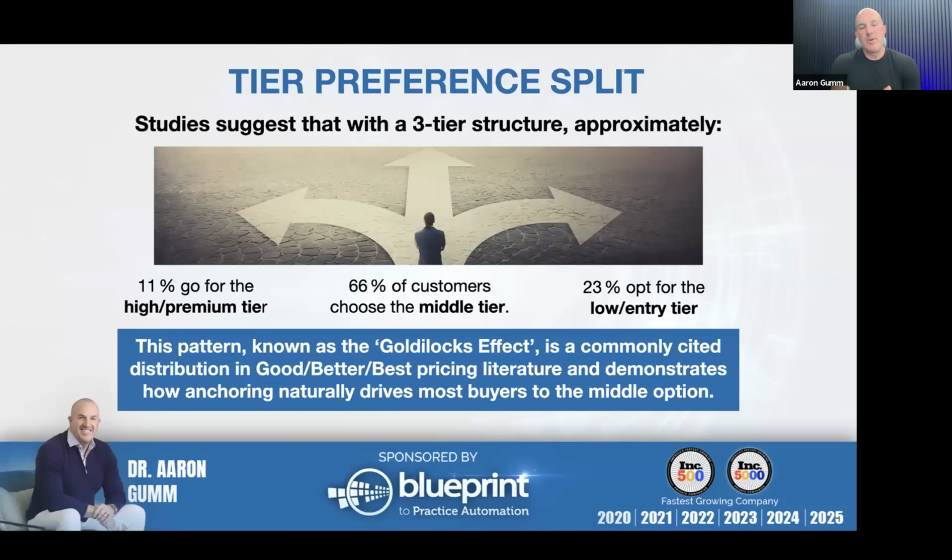It also gives you an opportunity to catch those people that can't afford your standard of care in the middle, and then you capture them into a lower care plan, if you don't feel confident downselling them after you present the main care plan. And also you have the 11% that go into your high premium tier.